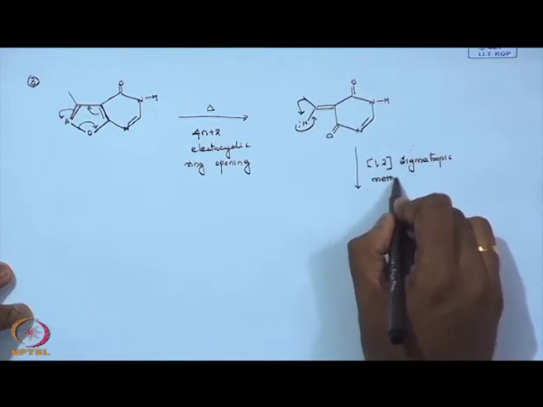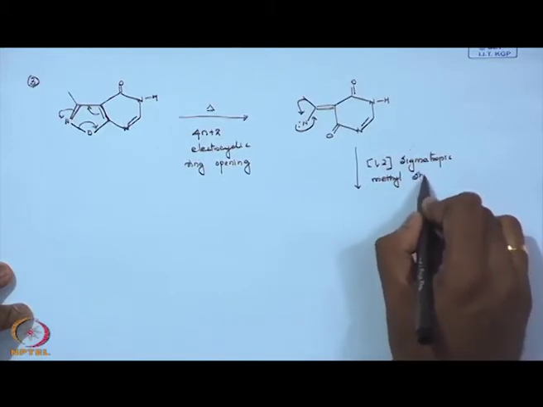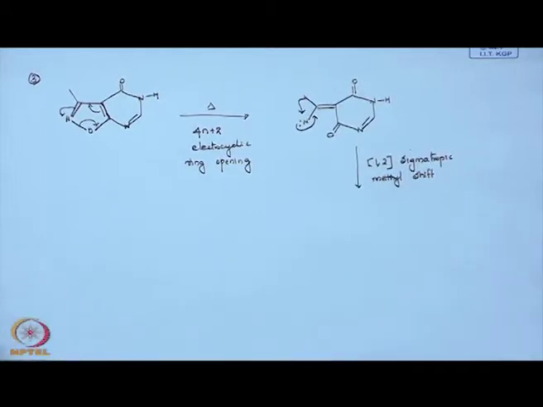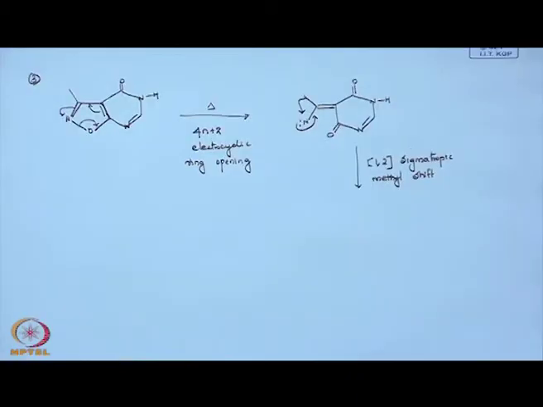Nice to see examples like this, because you should not always think only about the 1,5 hydrogen shift, or under photolysis a 1,7 hydrogen shift. Those come easily to your mind, but you should observe methyl shifts too. There are many examples where you can see methyl shifts. So in this case you can see I have a nice methyl shift.